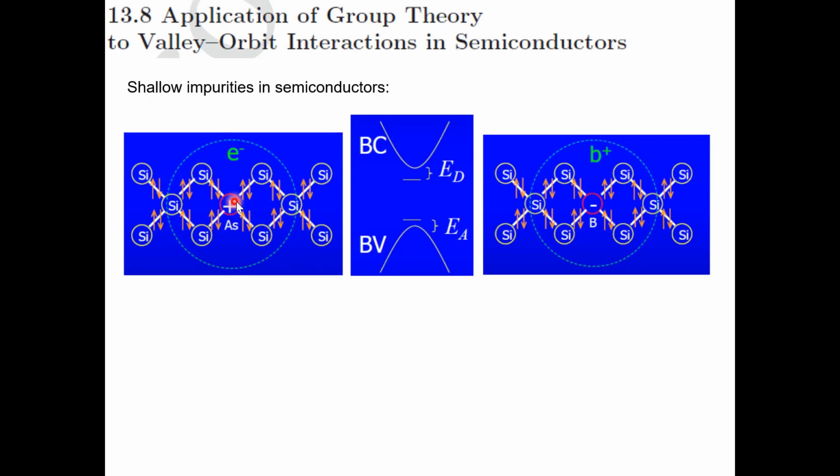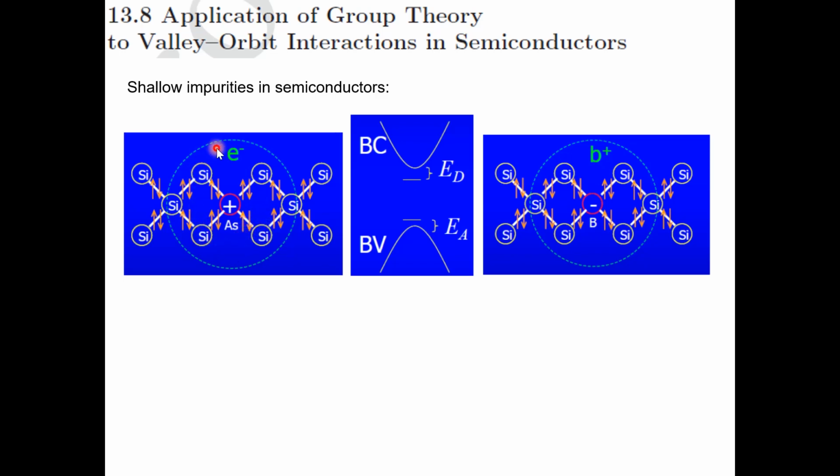A Coulomb potential, central potential, with an electron. So this could behave like a big hydrogen atom. That's why sometimes this type of impurities are also called hydrogenic impurities.